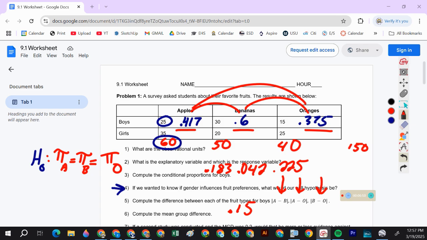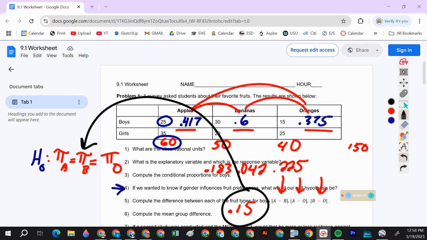Okay? So if this number gets bigger, then the null hypothesis is less likely. So we're using this number to answer this question. On this worksheet, we're not actually going to accept or reject the null. In fact, we don't even write an alternative here.